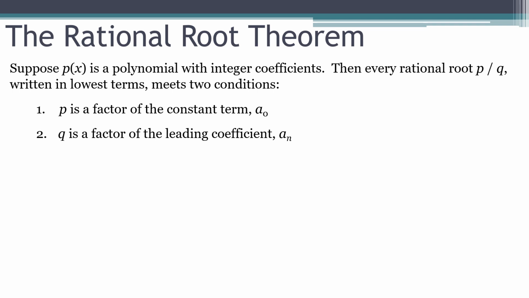Suppose p of x is a polynomial with integer coefficients. Then every rational root p over q, and this is our standard way of writing a rational number, so p and q first are going to be integers, and second, we're going to assume the fraction is reduced, that it's in lowest terms.